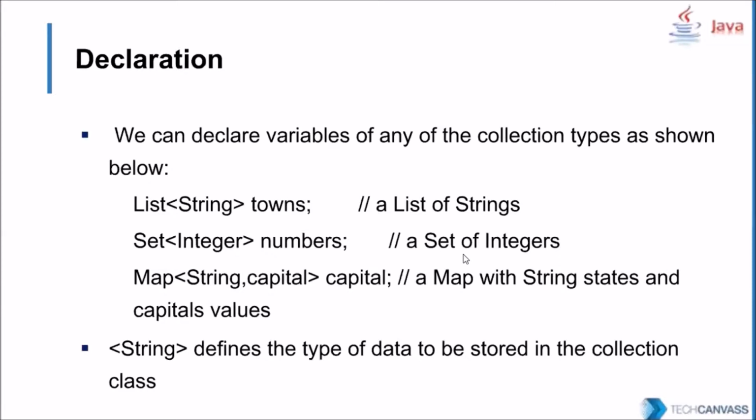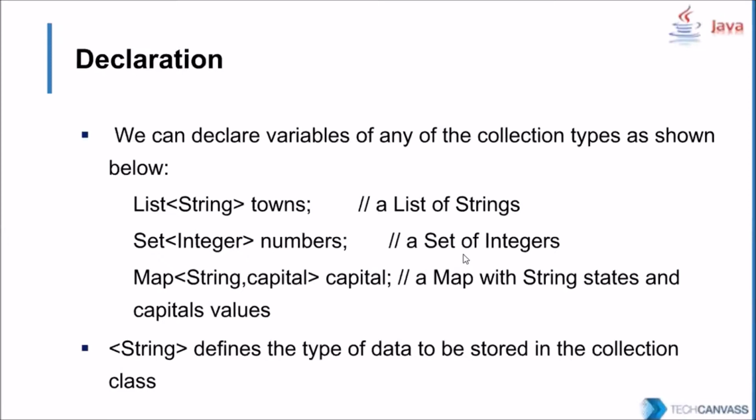The defined data type tells the compiler that whatever data I'm storing in the variable town will be of type string, or for that matter integer. This is the way we declare the variables of a collection.